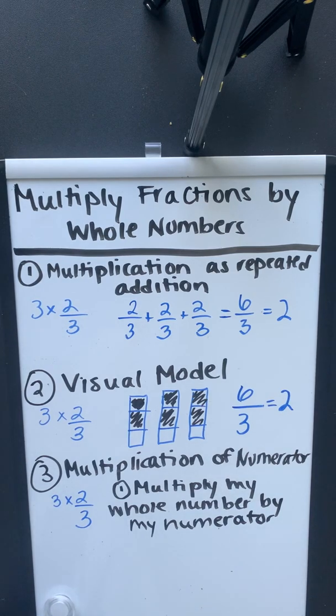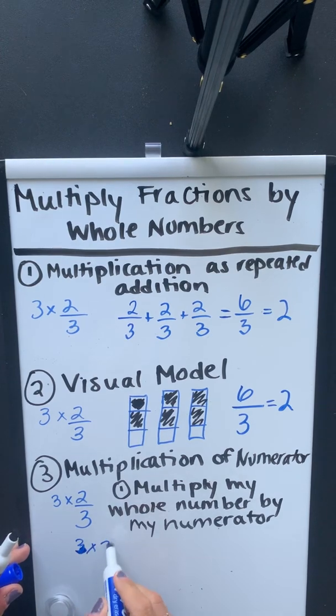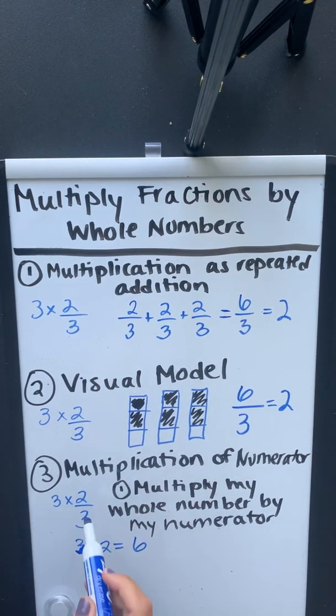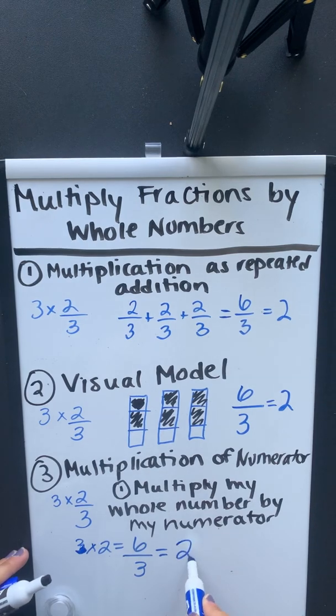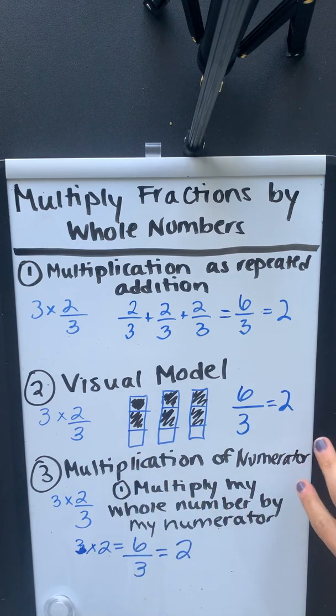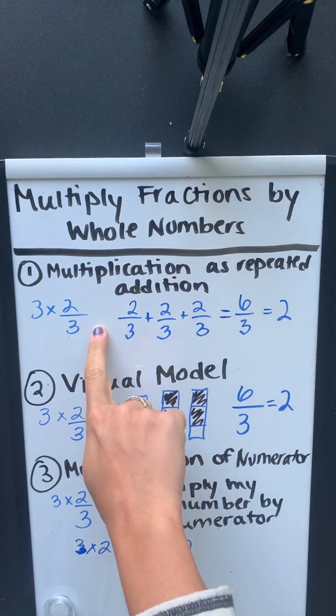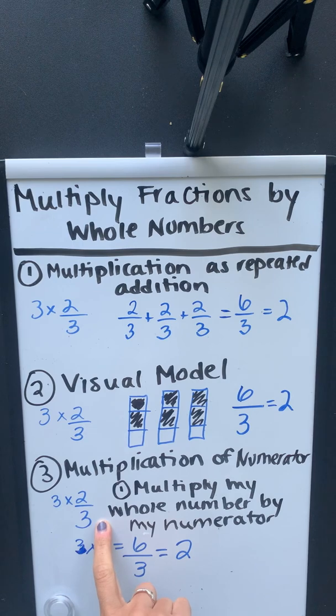This means for this example, I would multiply 3, which is my whole number, and 2, which is my numerator. So 3 times 2 equals 6, and then all I do is put it over my denominator. 6 divided by 3, and then I reduce that to 2. So you can see I did the same example for all 3 ways, but it shows you that I can use addition, I can use a visual model, and I can also use multiplication of my numerator, all right?